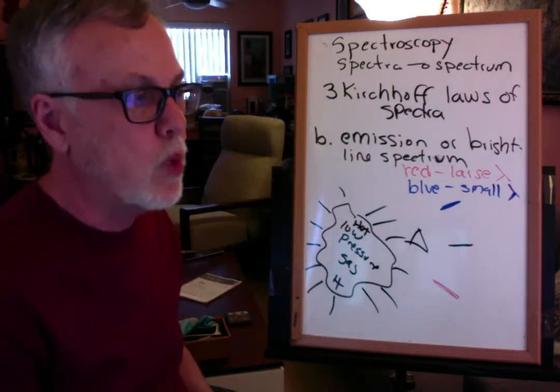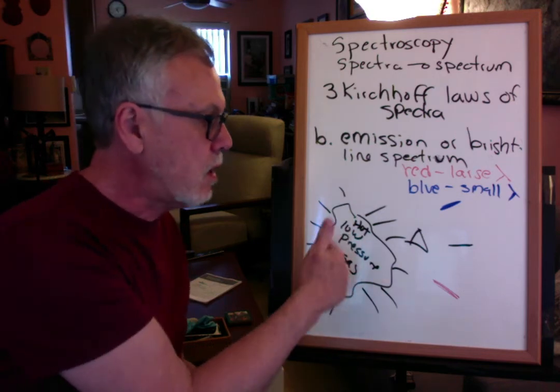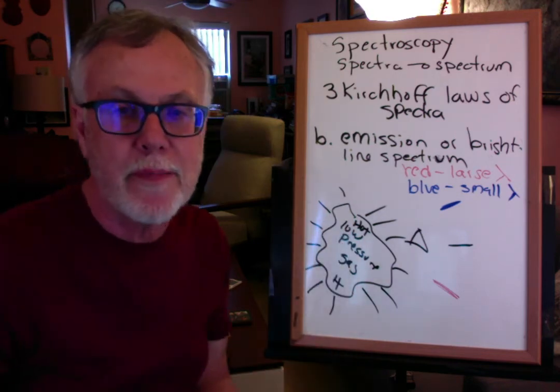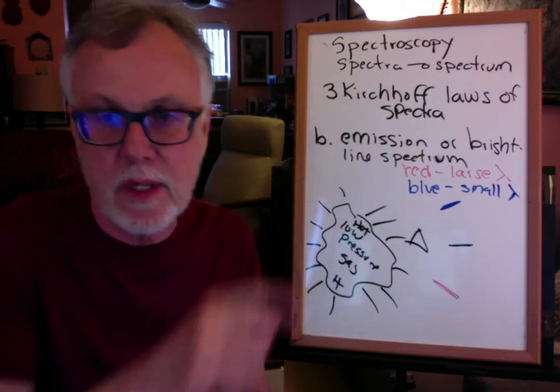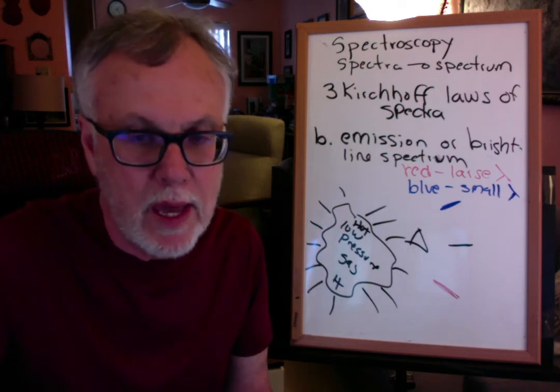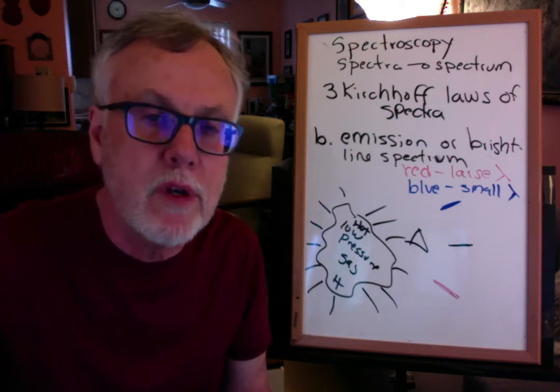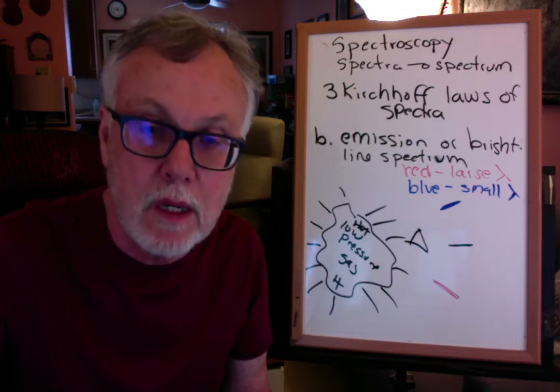So if I ask you what type of material makes an emission spectrum, it's a hot, low-pressure gas. Where's an example of that? If you ever see a motel sign that says vacancy or no vacancy with that neon lamp, what you have in that glass light fixture is a low-pressure gas, in this case made from neon.